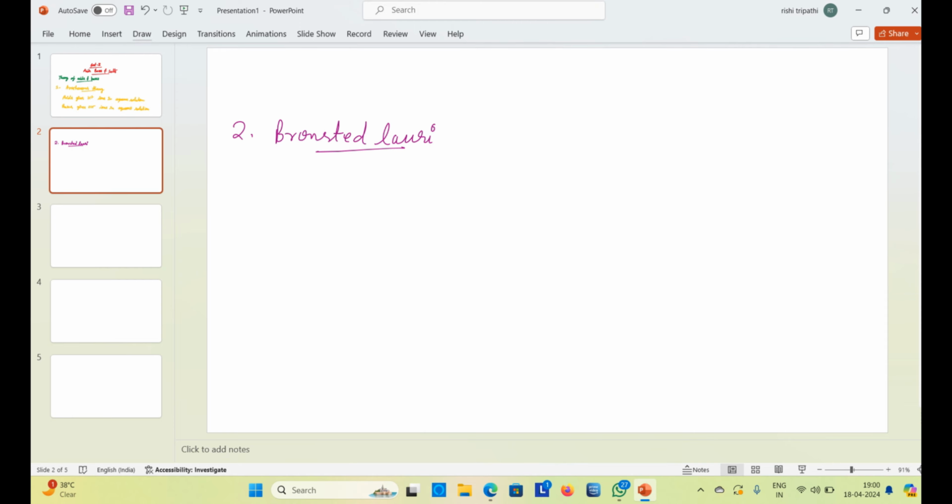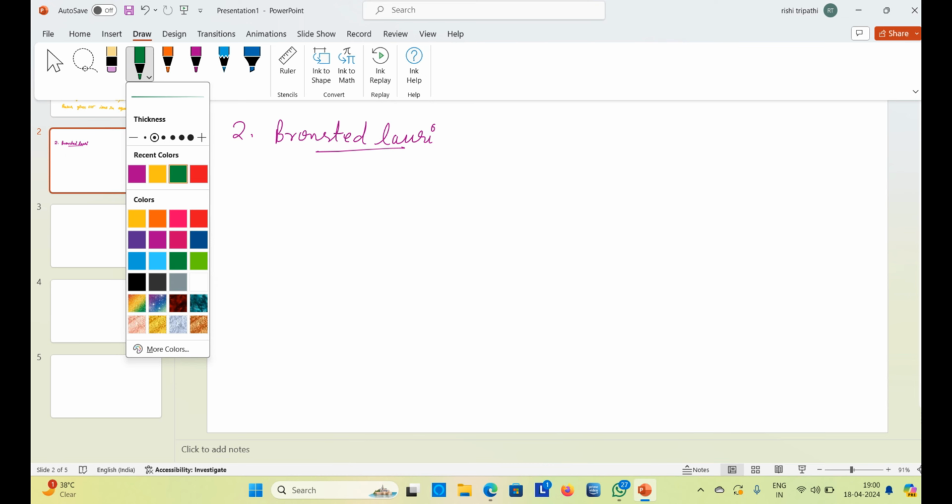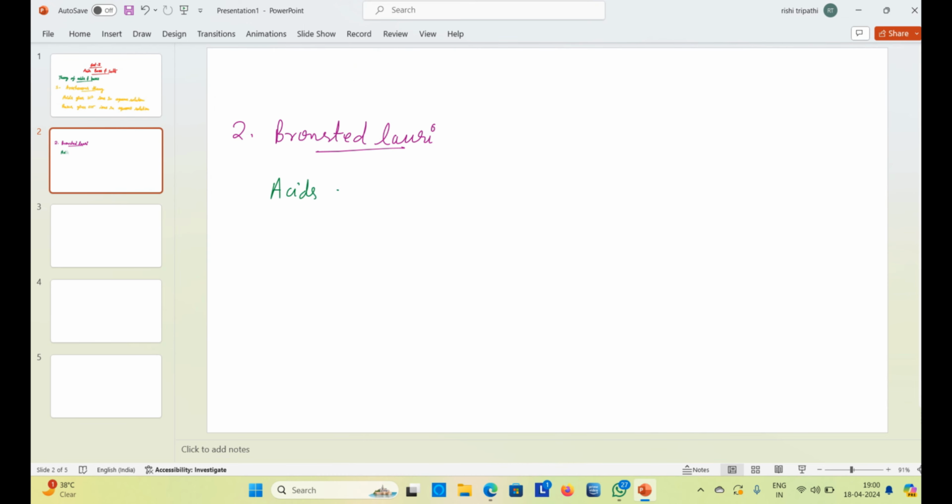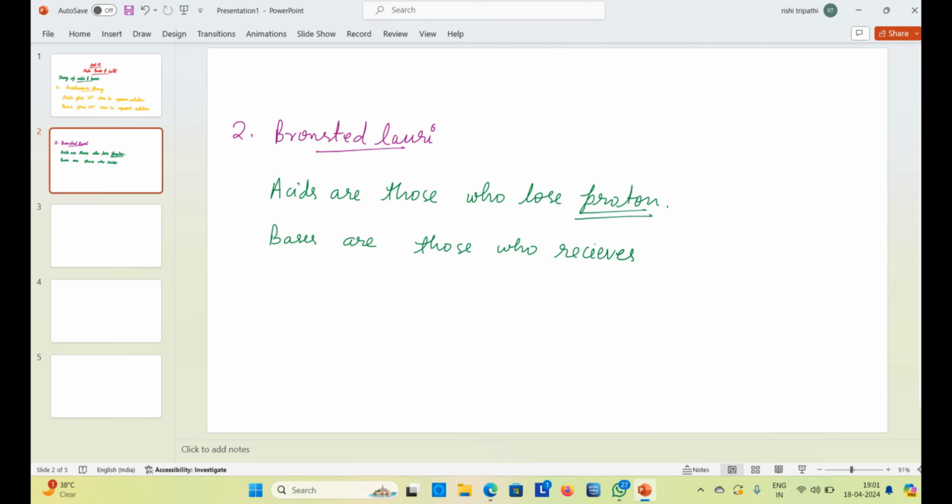According to the Bronsted-Lowry theory, acids are those who lose proton, and bases are those who receive proton or gain proton. It was the Bronsted-Lowry theory.